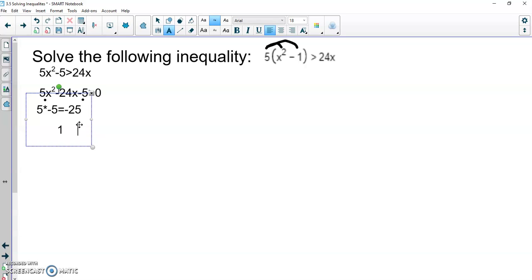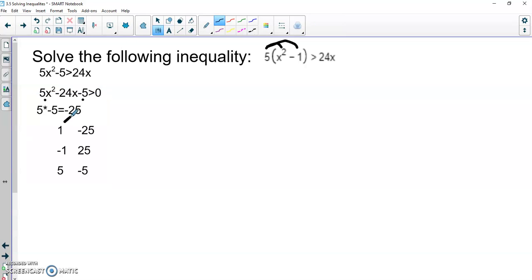I have 1 and negative 25, negative 1 and 25, and 5 and negative 5. Once I have all the factors listed, I determine which pair adds to my b of negative 24. The pair that adds to b here is 1 and negative 25.